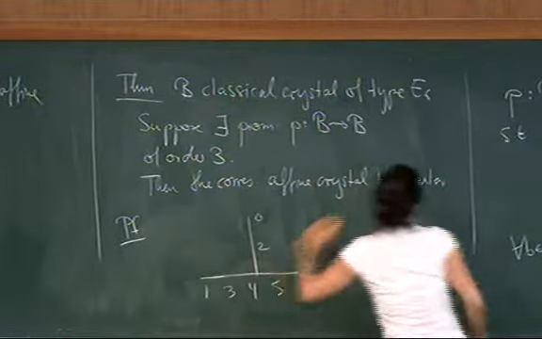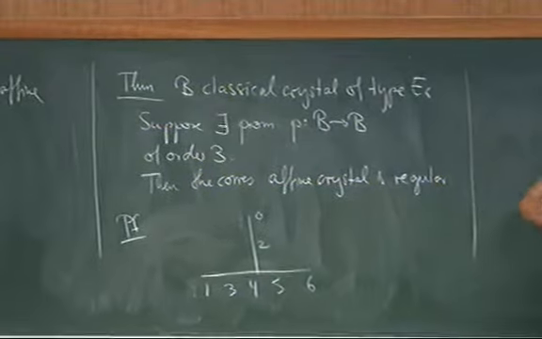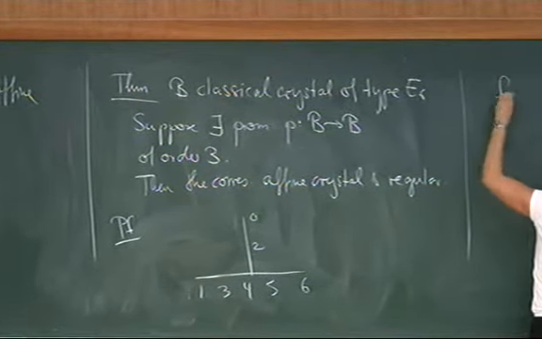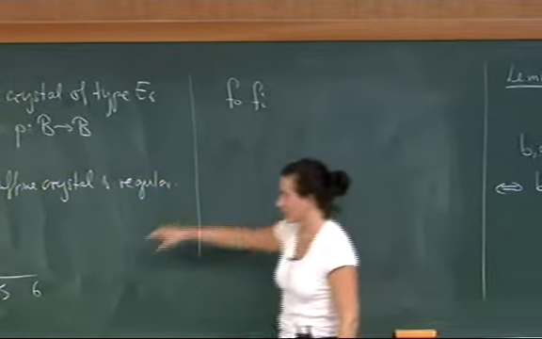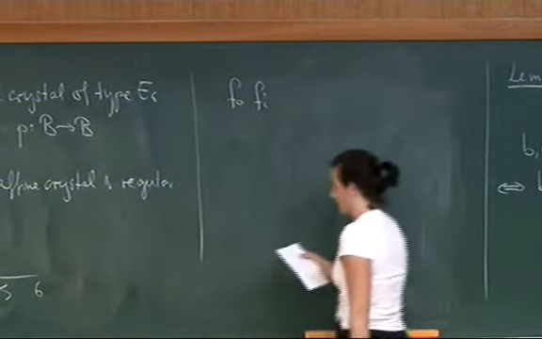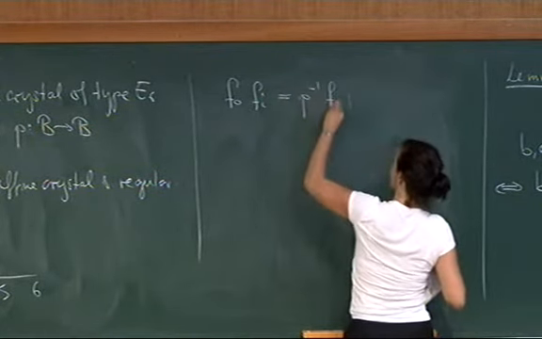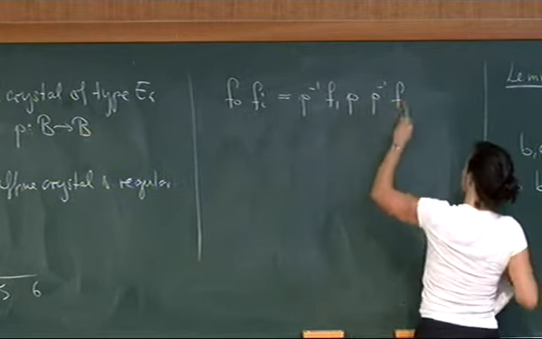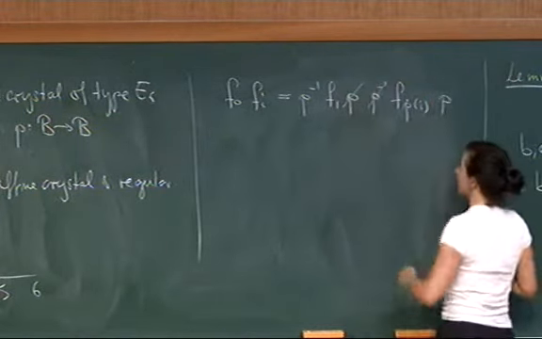And now we can in fact use the fact that P has order 3. So if we take any F0 with an Fi, as long as i is not equal to 6, because remember 6 will be mapped to 0, then we can use that this is in fact equal to P inverse F1 P and then P inverse Fi P, and then these things cancel out.